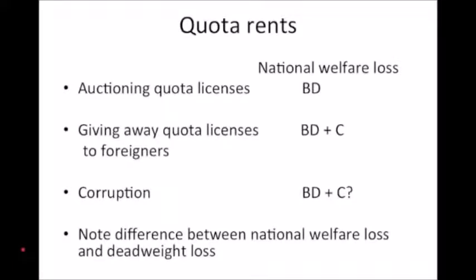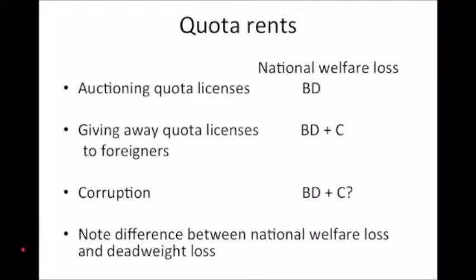So let's say, for example, that the government auctions the quotas to foreign suppliers. They say, you are more than welcome to sell inside our market, but we're going to make you pay. Now, if there are lots of foreign producers that are competing to get access to this domestic market, then they would be willing to pay up to that area C in the previous graph.